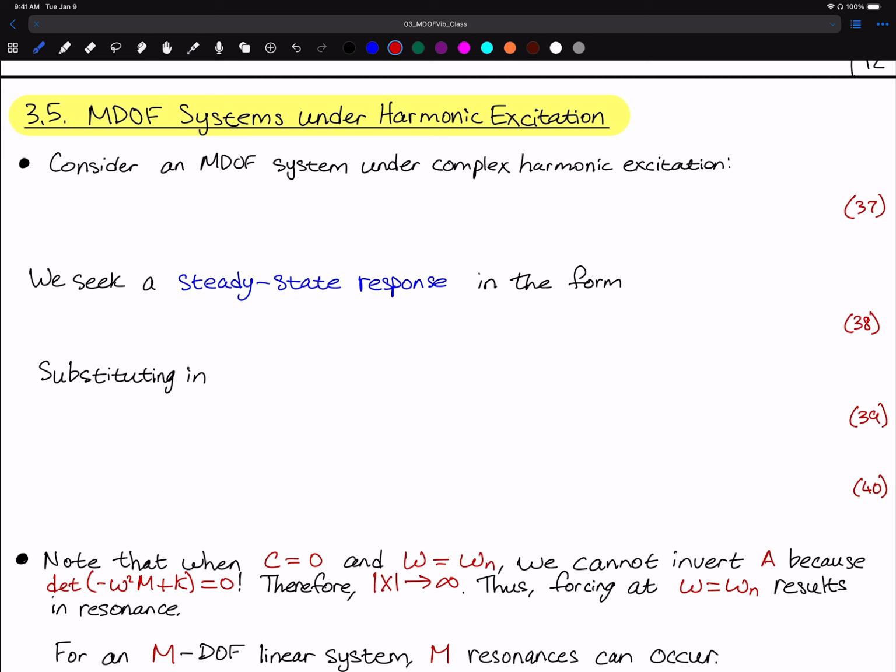All right, so we're going to consider an MDOF system under a complex harmonic excitation. And so our equation of motion, in this case, is going to be M x double dot plus our damping matrix C x dot plus K x equal to F times e to the j omega t, where here this F itself is a vector of forcing amplitudes.